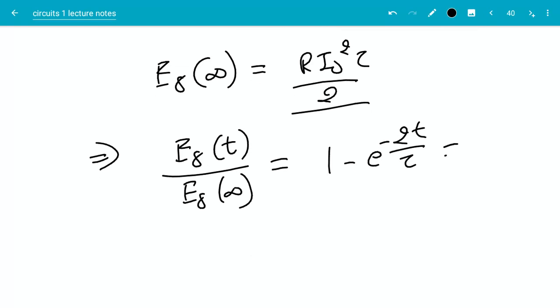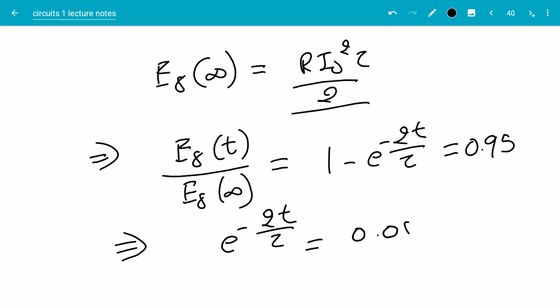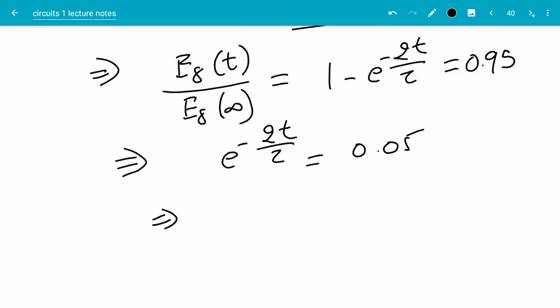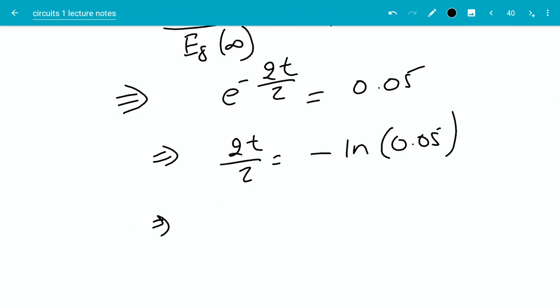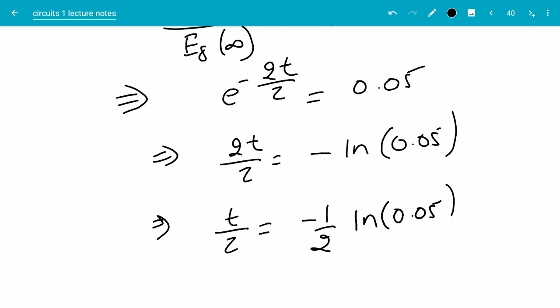And we are given that this should be equal to 0.95. This means e to the minus 2t over tau will be equal to 0.05. This means 2t over tau will be equal to negative ln 0.05, and we want t over tau. So t over tau should be equal to minus half ln 0.05.